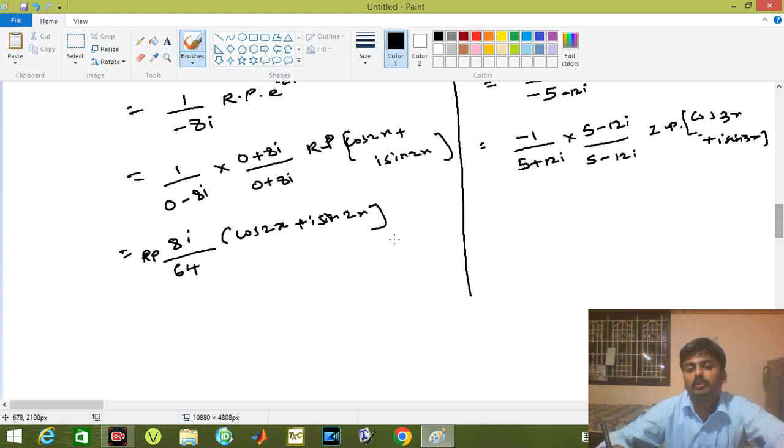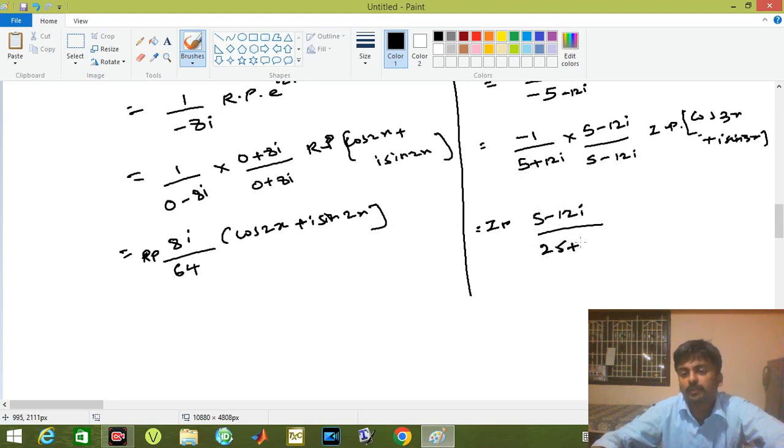For PI2 you will get the imaginary part of it, which can be written as 5 minus 12i divided by 5 squared, which is 25, plus 12 squared, which is 144, into cos 3x plus i sin 3x.